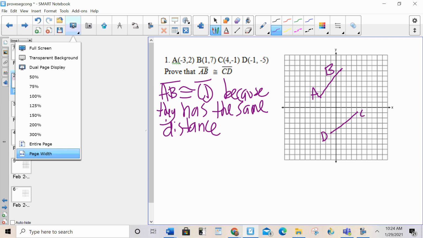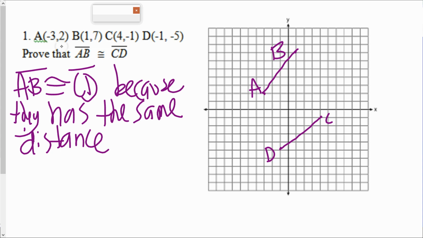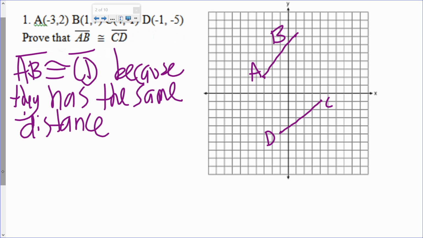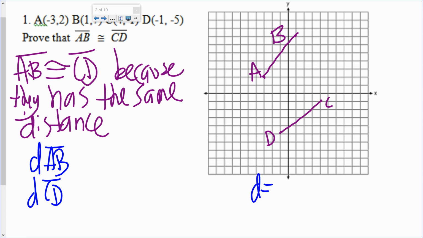So I have to show that. So now I'm going to find the distance of AB, and I'm going to find the distance of CD. Distance equals radical delta x squared plus delta y squared. AB, 1, 2, 3, 4. 1, 2, 3, 4, 5.